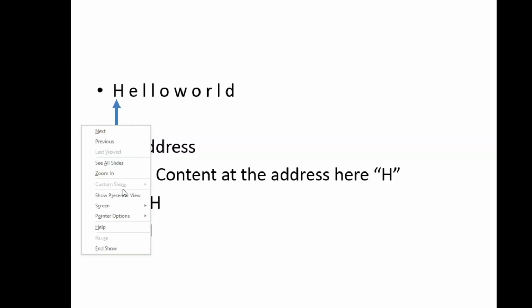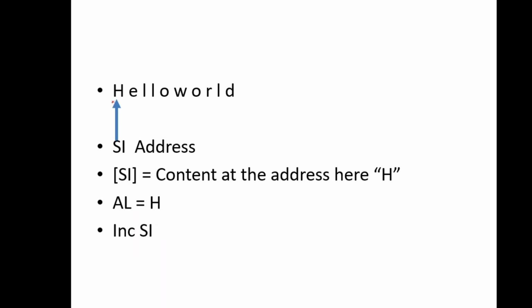So now if we consider hello world being displayed on the screen, SI will first contain the address of H. When I put it in the square bracket, it will contain the content at the address, and the content at the address is H. So here we are getting H, and that will be moved to AL.